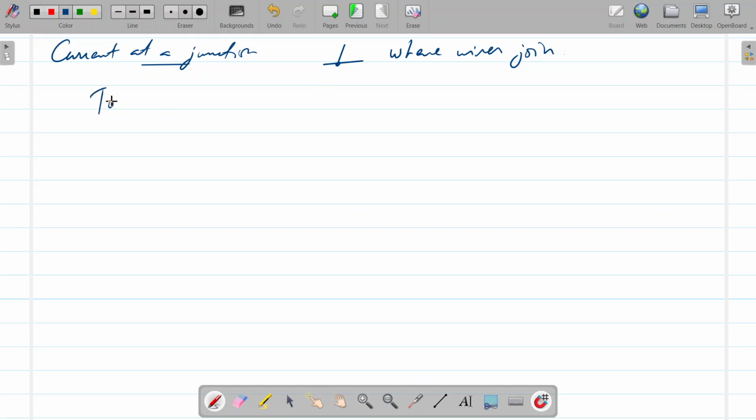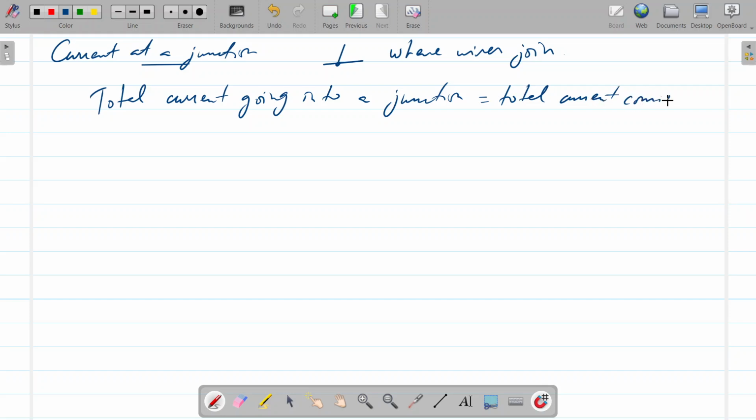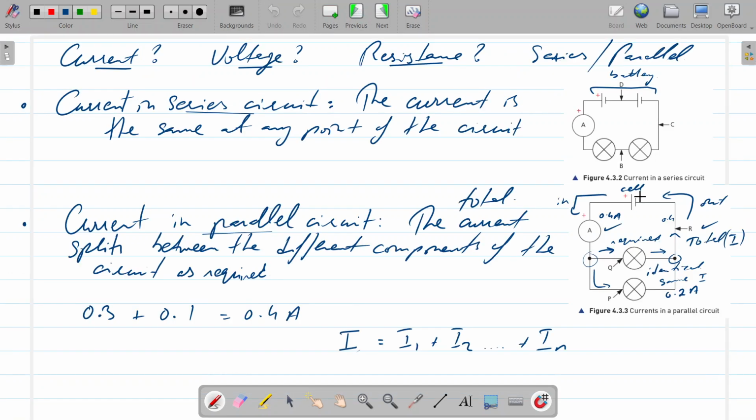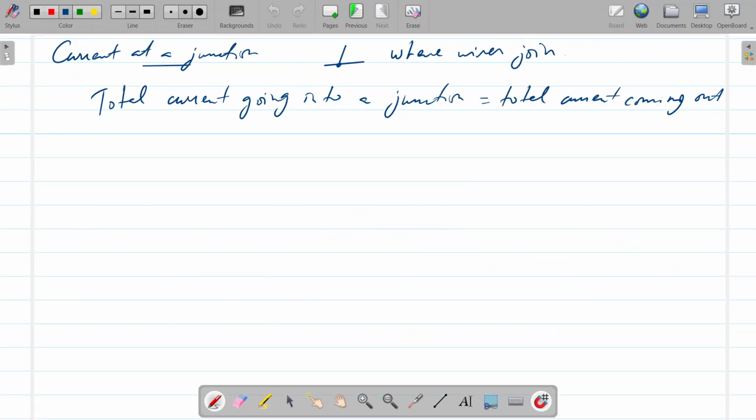And so basically the total current going into a junction equals the total current coming out, which you already mentioned. So it's 0.4 coming in, it's splitting 0.2 here, 0.2 here, and then coming out the total is 0.4. So that's basically what they're trying to tell us over here.